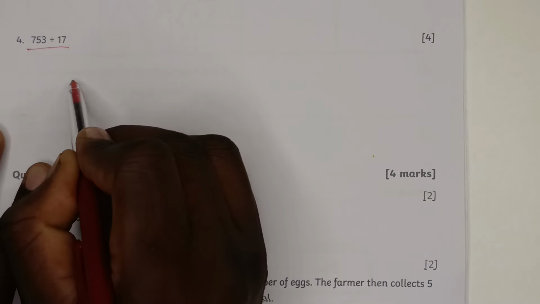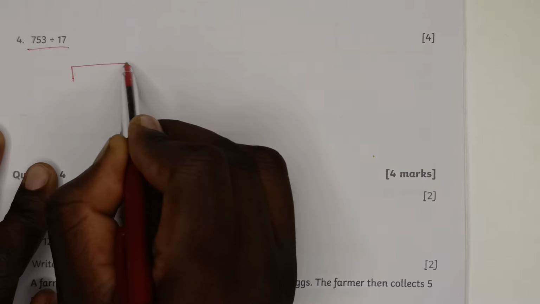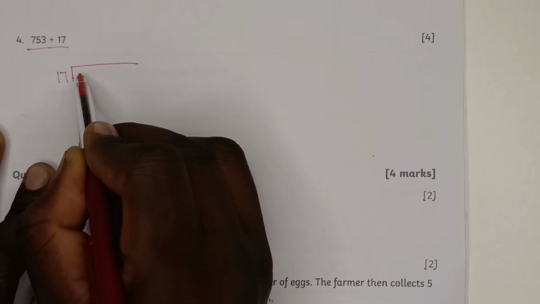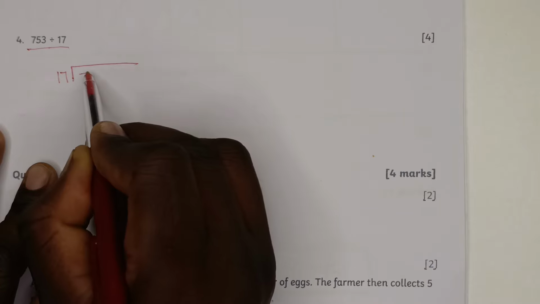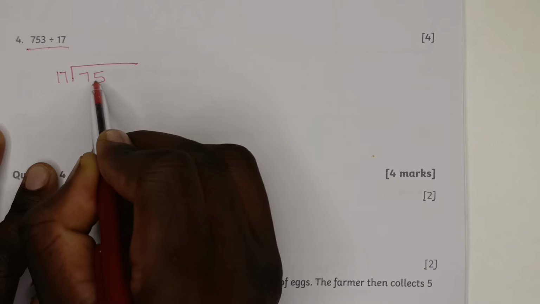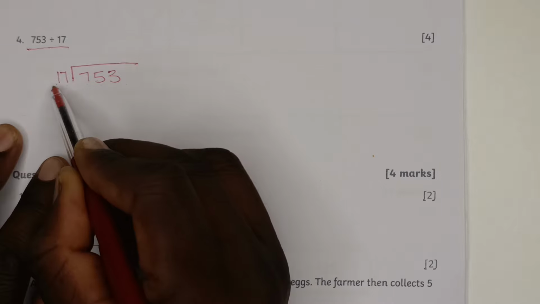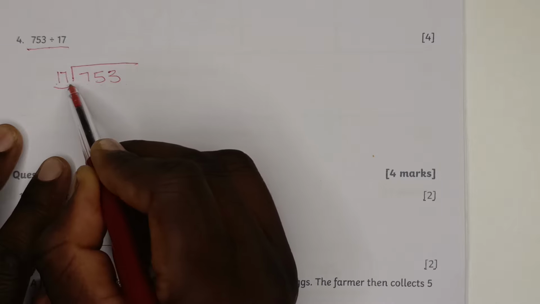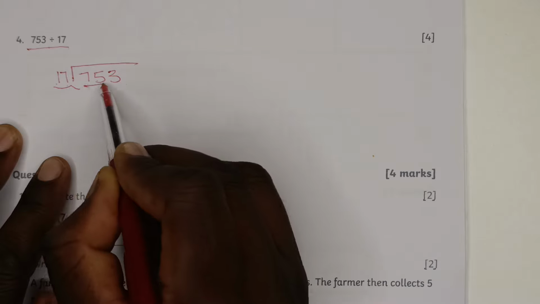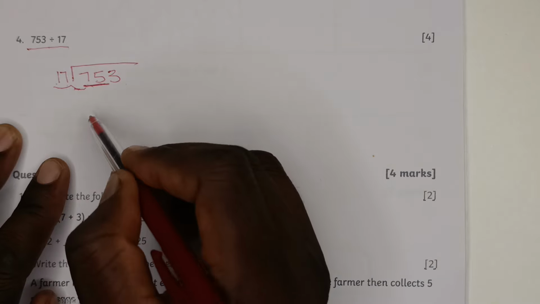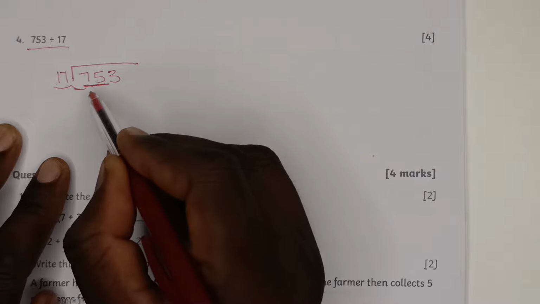Using the long division method, we say 17. How many times does 17 go into 75?